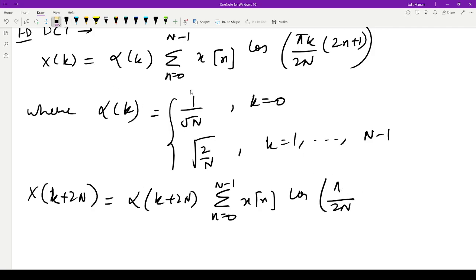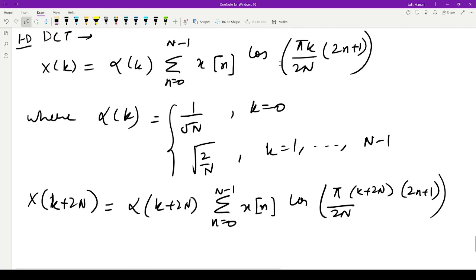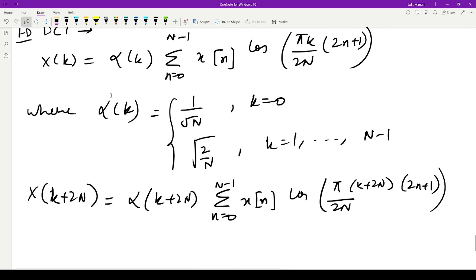Here we have to add plus pi of k plus 2N plus 1, right? Is this fine?